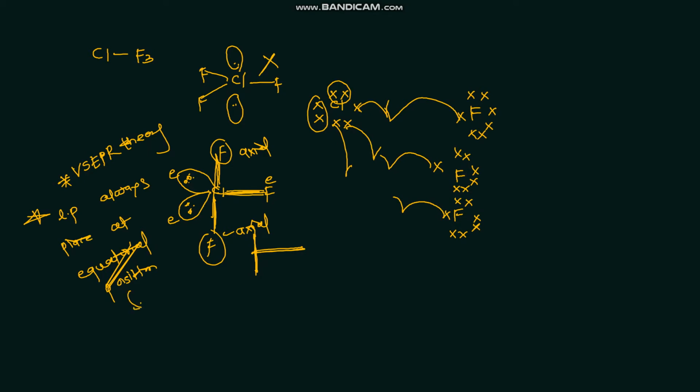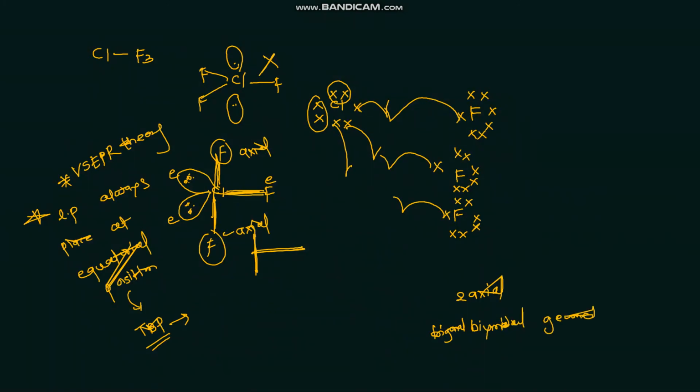This is true only for trigonal bipyramidal geometry. Here these three and these two. These three, therefore it is called trigonal. Bi means these two axial bonds, therefore bi, and 3 at equatorial, therefore trigonal bipyramidal geometry.